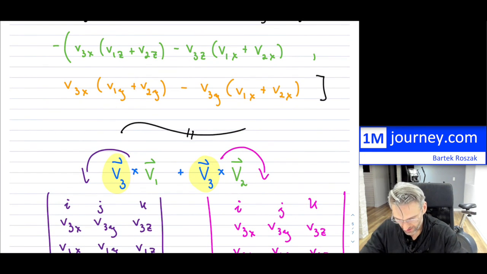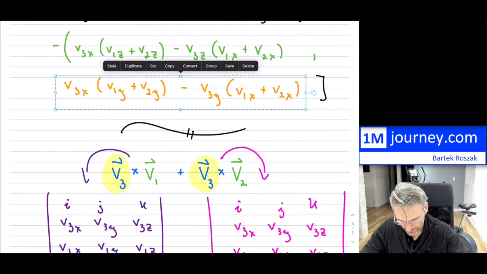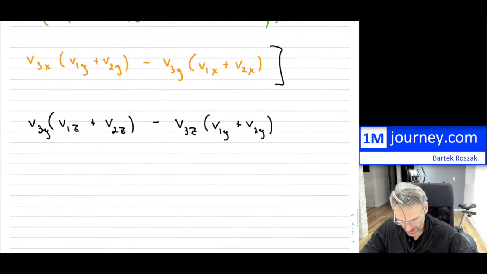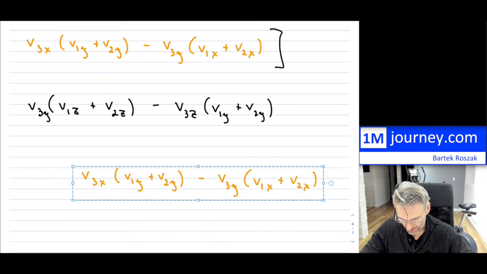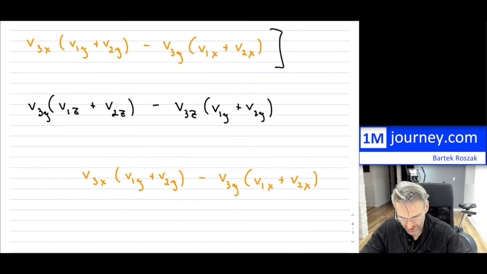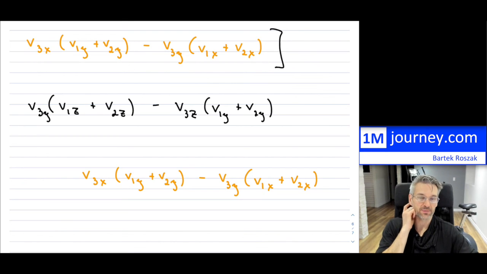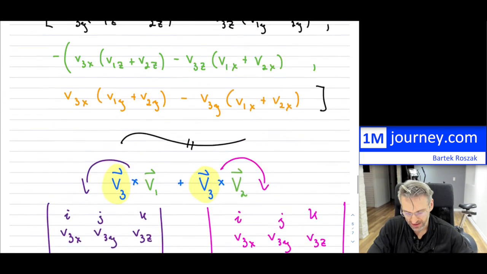I can steal this over, copy it, and bring it down, and then you can see that they're basically the same. Notice V3X, V3X, V1Y plus V2Y, which is exactly the same thing here, the subtraction, V3Y, V3Y, and then here are my last items. So indeed, that property does hold.